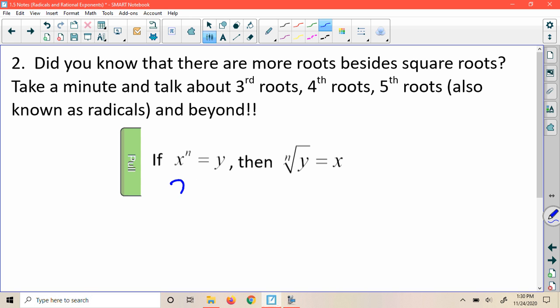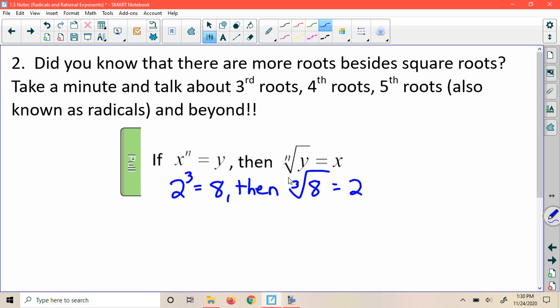If I have 2 to the third power, 2 times 2 times 2 equals 8. If we go backwards, the third or cube root of 8 is just the opposite, so it equals 2.